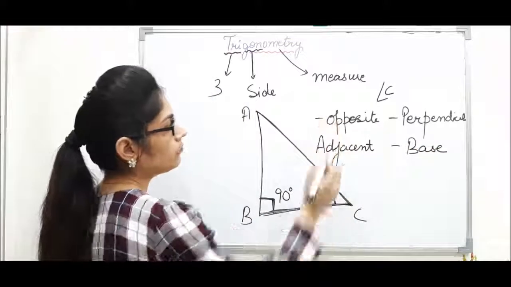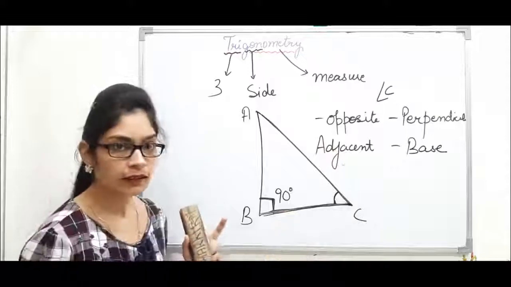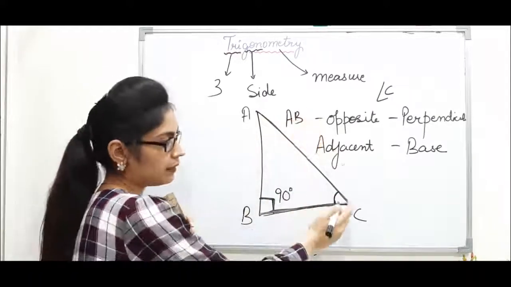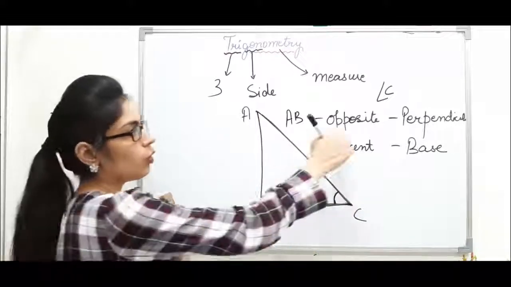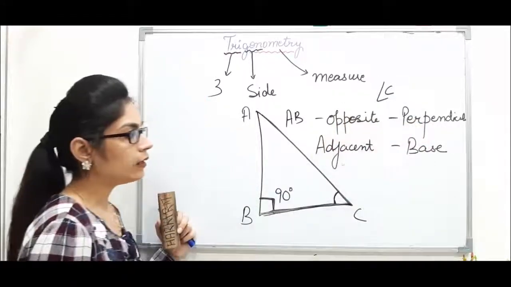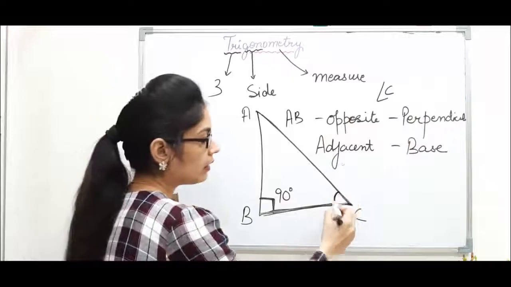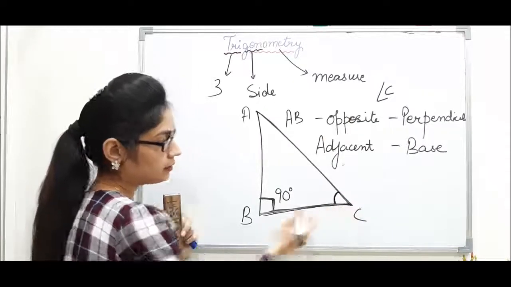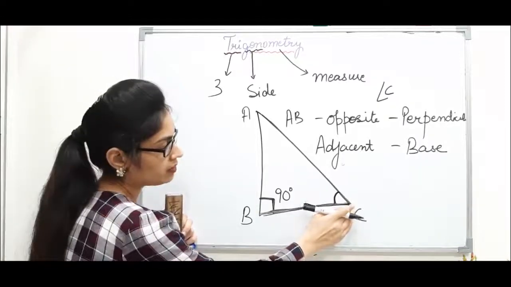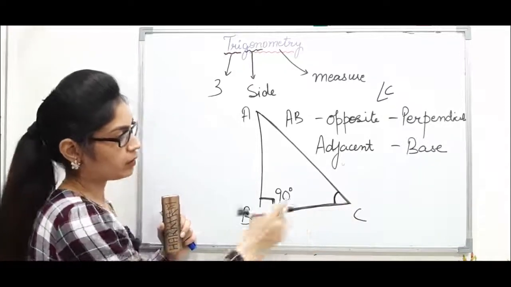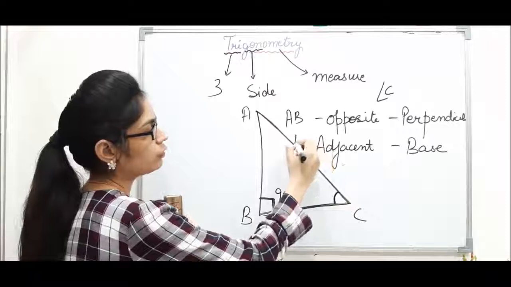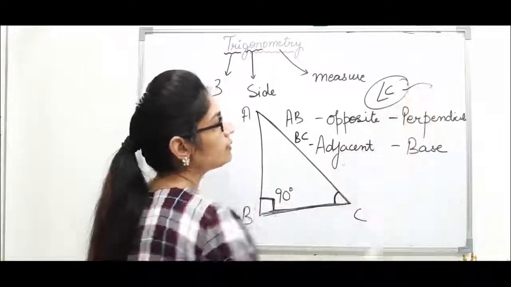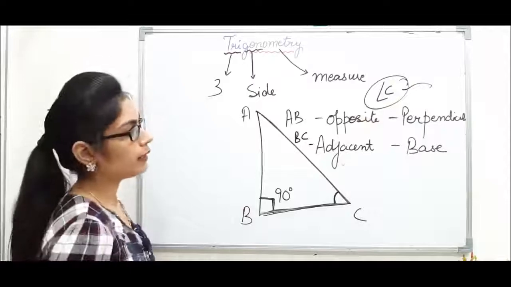So if we take angle C, AB is the perpendicular because AB is opposite to angle C, and BC is the adjacent side, which means BC is the base when we are taking angle C. So this was one thing.